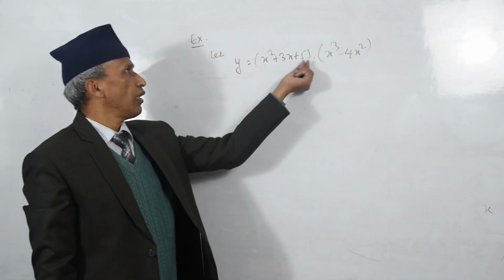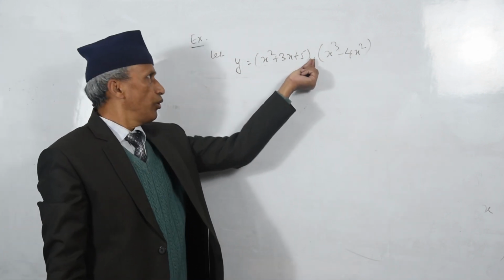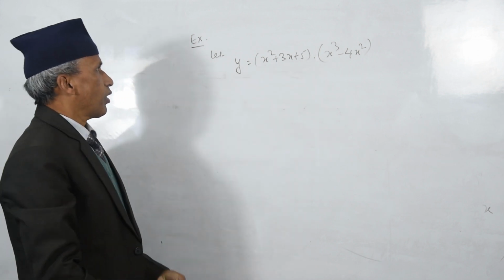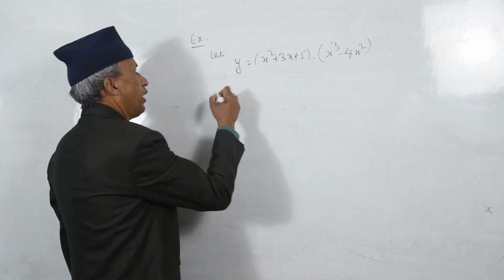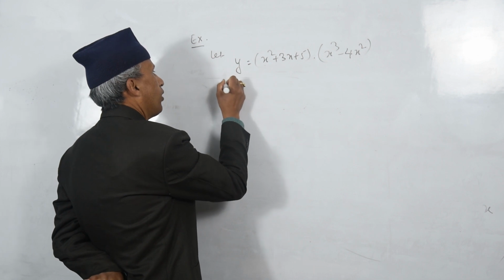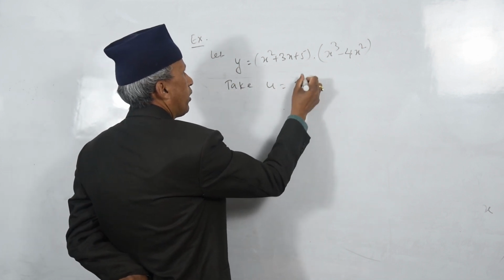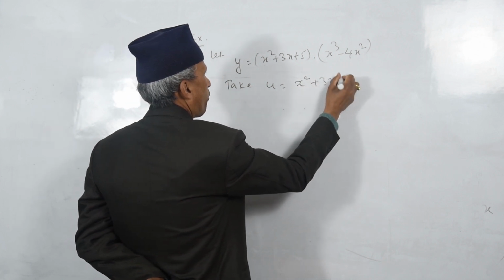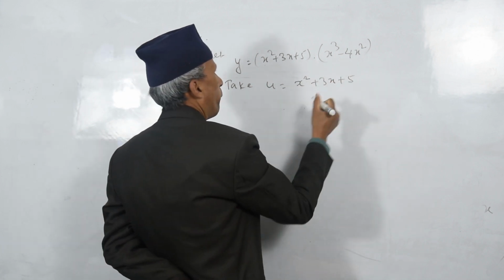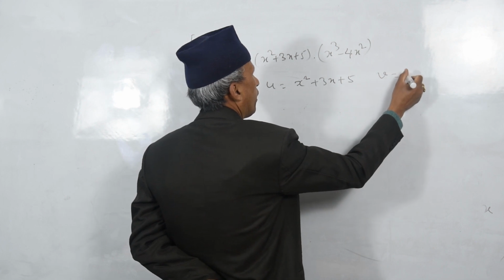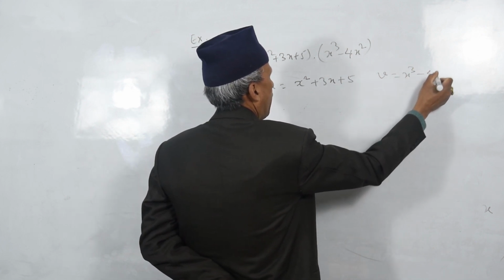Whenever you see the multiplication, you have to use the product rule. So here you can easily find out the way. Take u is equal to x square plus 3x plus 5, v is equal to x cube minus 4x square.